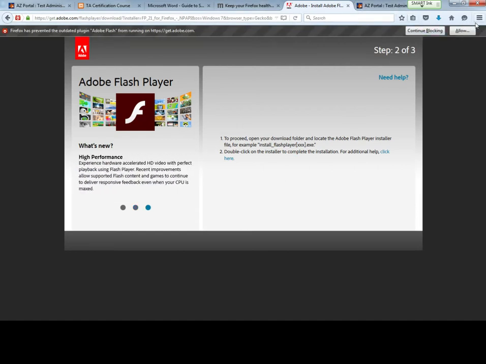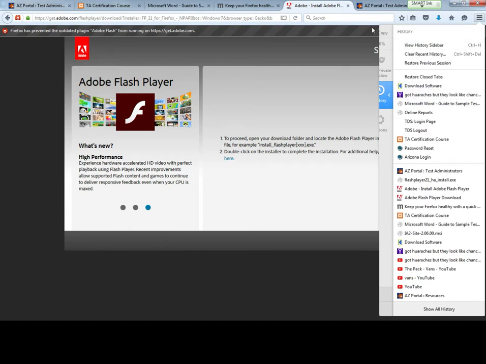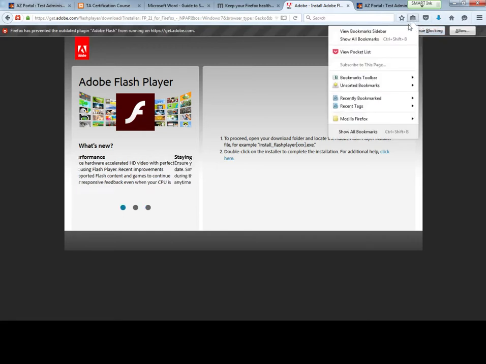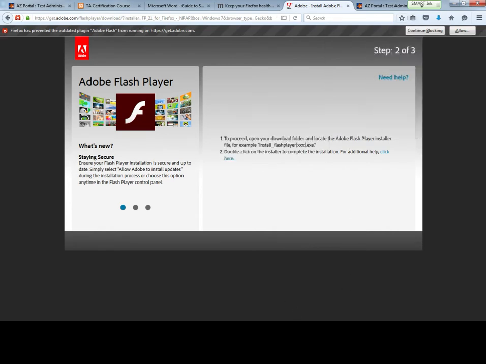Where's my favorites? Go to Desmos. Click the star thing. No, that makes it a favorite. No, the list thing right next to star. Show all bookmarks. So it's not that. Maybe it's in Chrome.